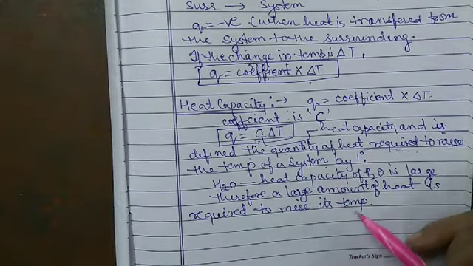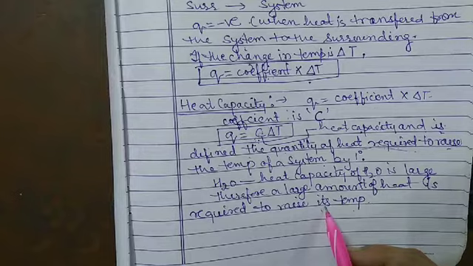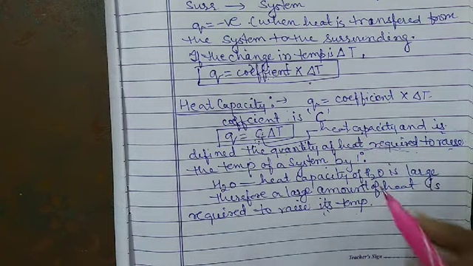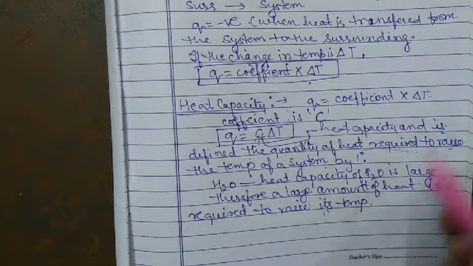In chemical calculations, we often use two more terms: the specific heat capacity and the molar heat capacity. Specific heat is defined as the heat required to raise the temperature of 1 unit mass by 1 degree, either in Celsius or Kelvin.